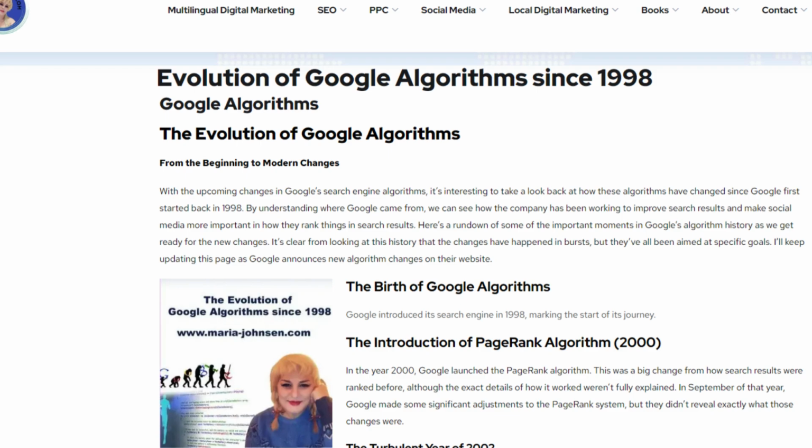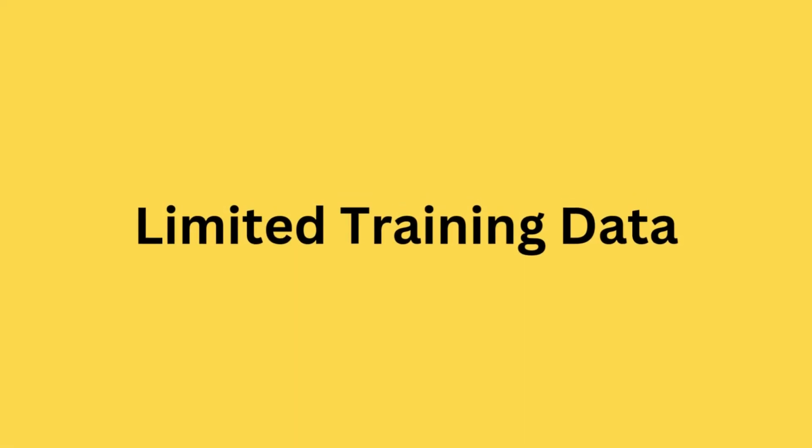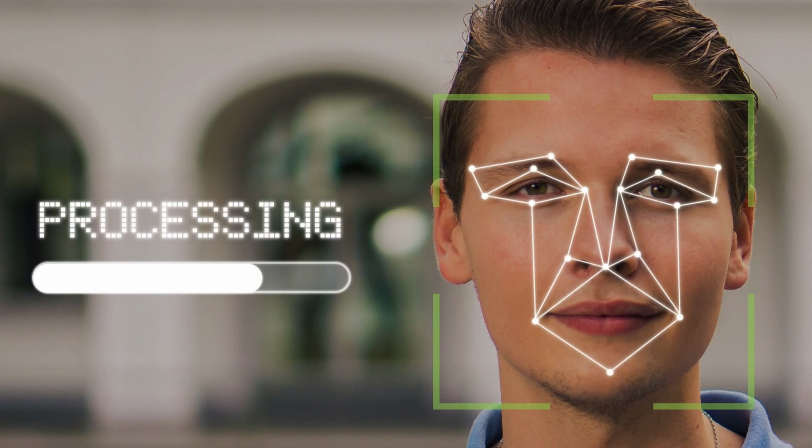So we all are human, and one day we have a headache, the other day we have a private problem. So these affect our work. Limited training data. AI is only as good as the data it is trained on. If the data is biased or incomplete, the AI's performance will suffer too.